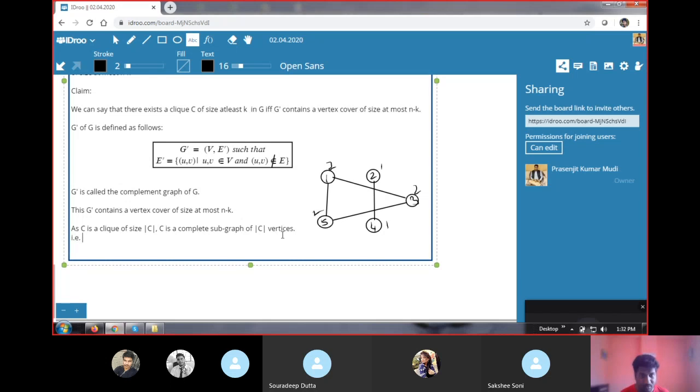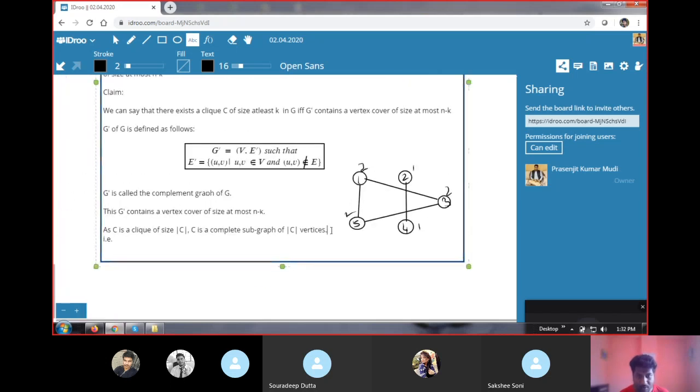That is, all vertices are adjacent or connected to each other in G. So C is a clique of G. Please try to concentrate here.